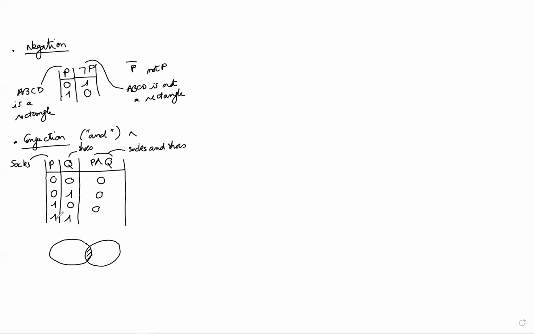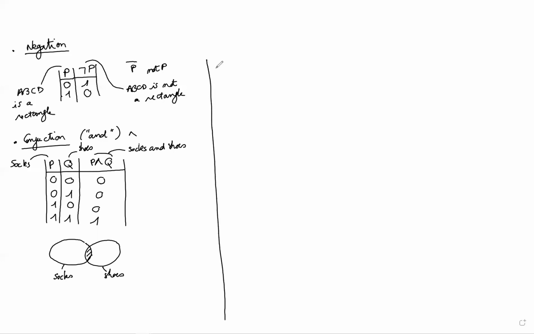Here I have socks and I have shoes, both are true. So the statement "I have socks and shoes" is true. This is the truth table of a conjunction. It could be the set of people who have socks and the set of people who have shoes on, and the ones who have socks and shoes are here. This is for the conjunction.